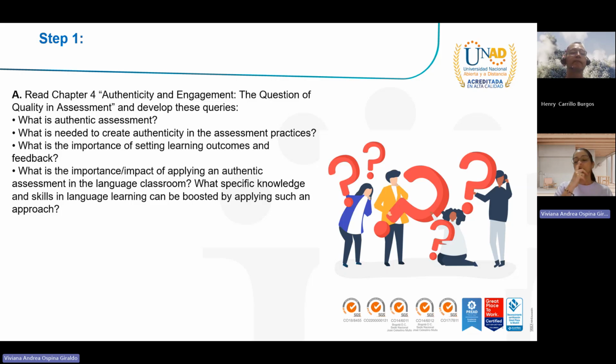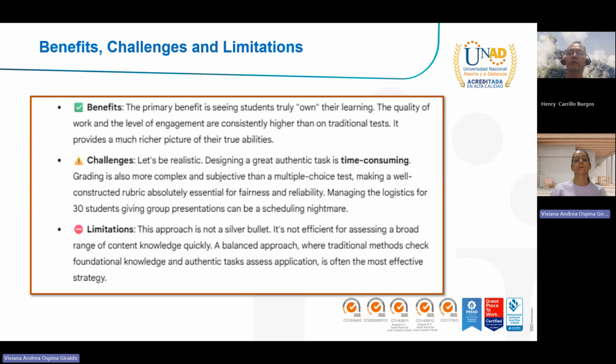Not only do they need to give answers, they need to perform for them to acquire more knowledge.